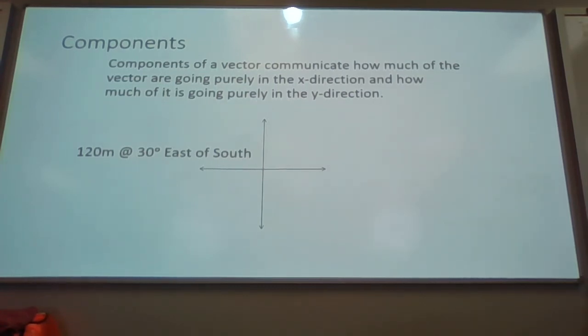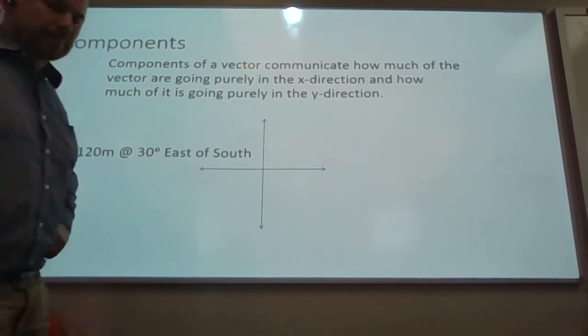So for example, you walk 120 meters at 30 degrees east of south. Go ahead and sketch what that's going to look like.